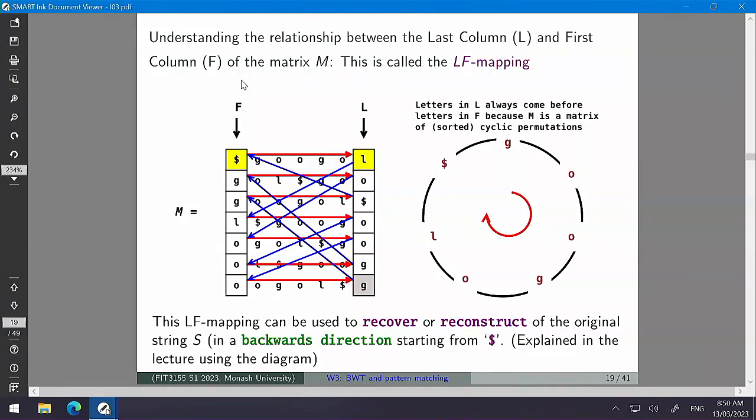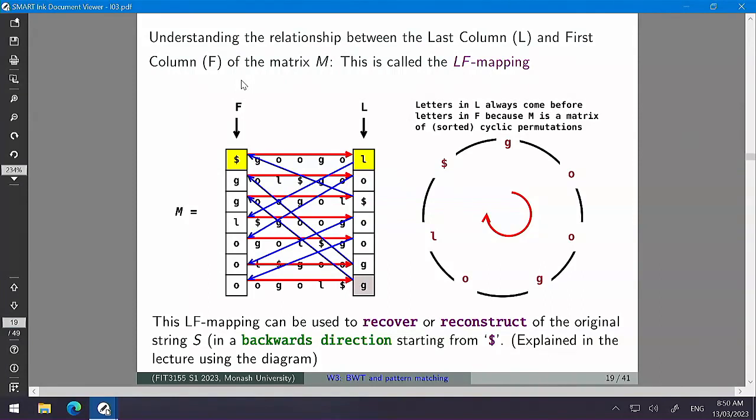Now, do I know what the last letter is? If you look at the Burrows-Wheeler transform, preceding the dollar would be the first letter in the last column, right?